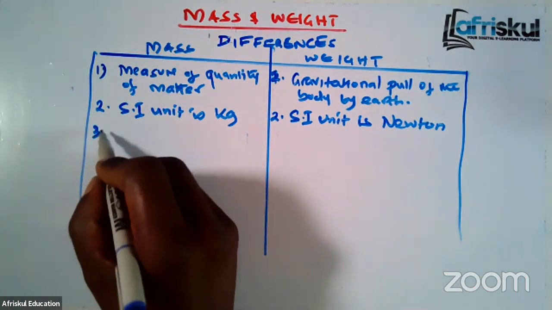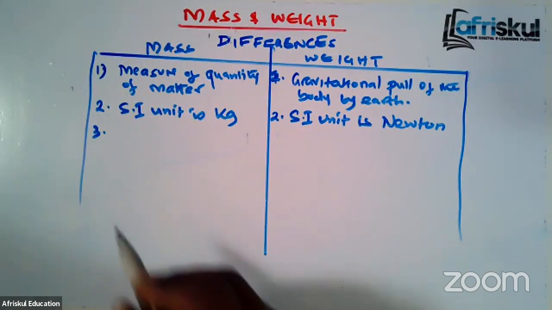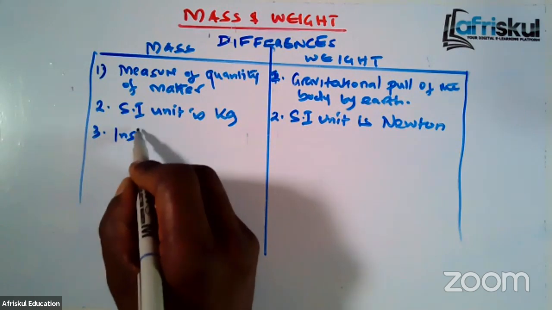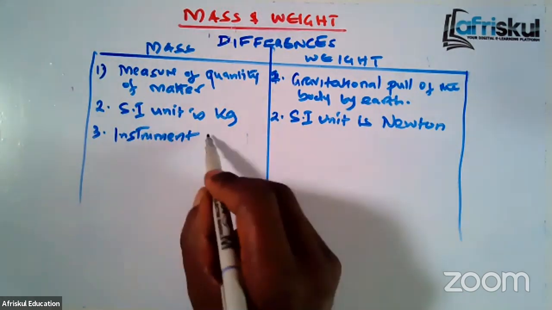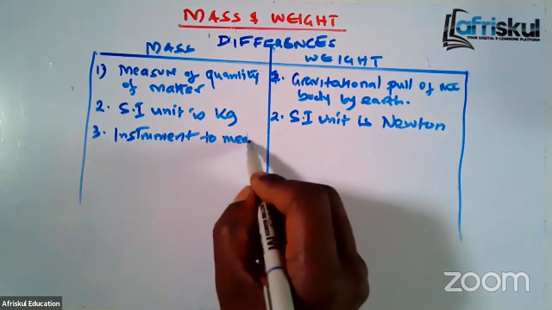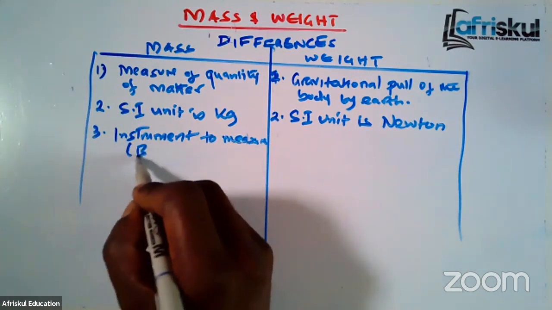Then number 3, we have something like 5 differences. Difference number 3 has to do with the instruments that are used to measure mass and weight. Here for mass, we use the beam balance.